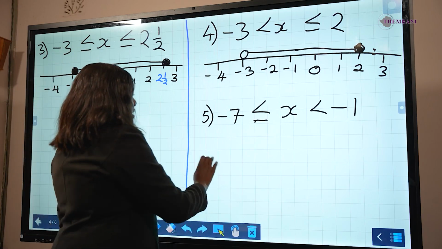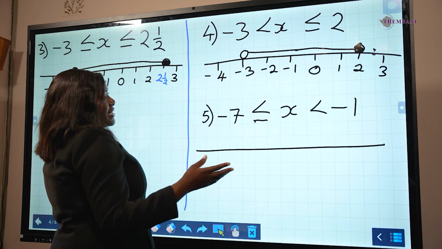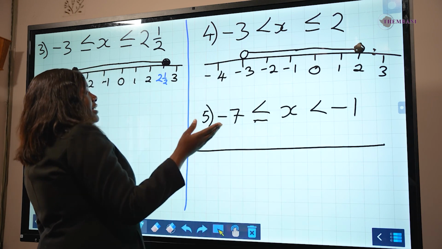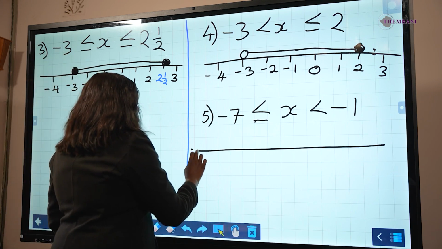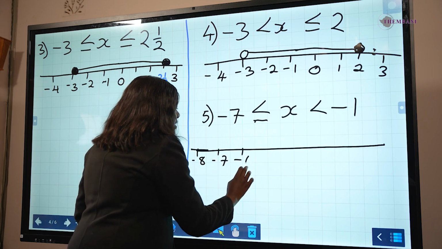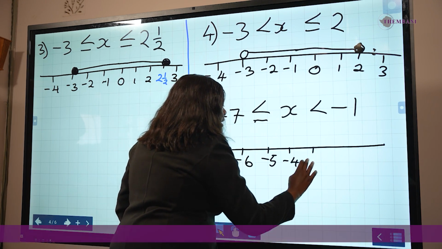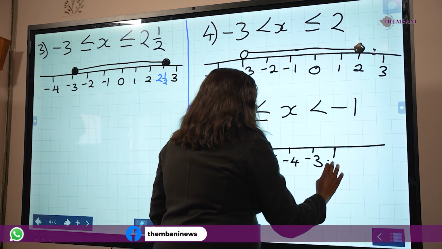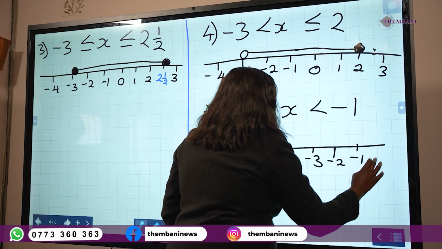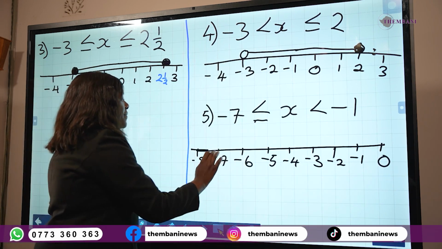So look at this one. We also have our focus numbers, -7 and -1. So I'm going to put a -8, -7, -6, -5, -4, -3, -2, -1, and 0. My focus numbers are -7.